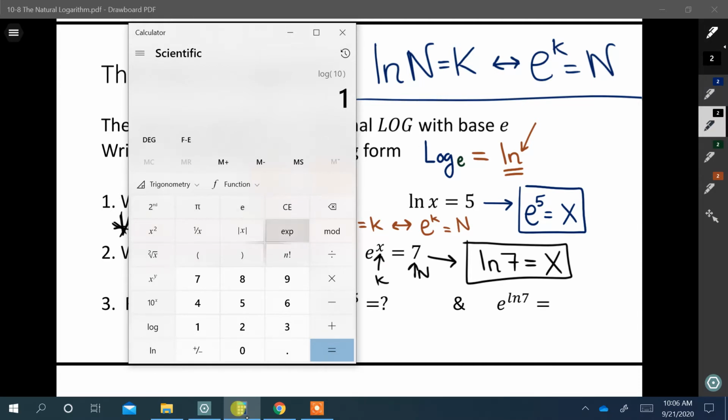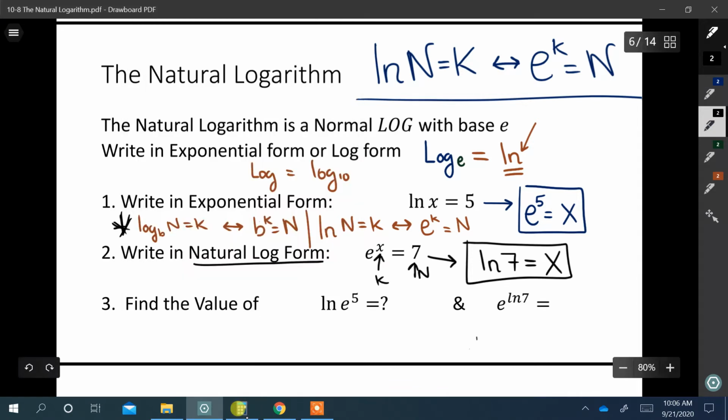If you find the natural log of e, which is 2 point, you can see the number there, the natural log of that will also be 1. So you can see even in our calculator that natural log uses base e, while log uses base 10.